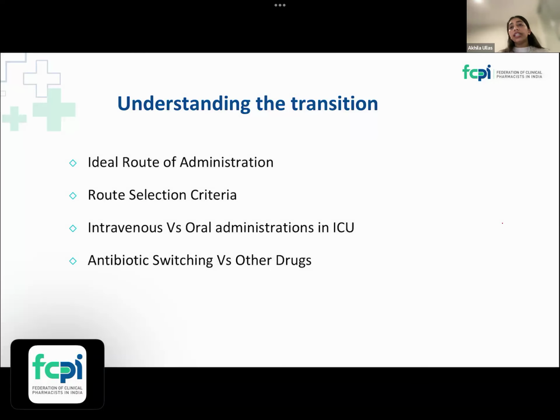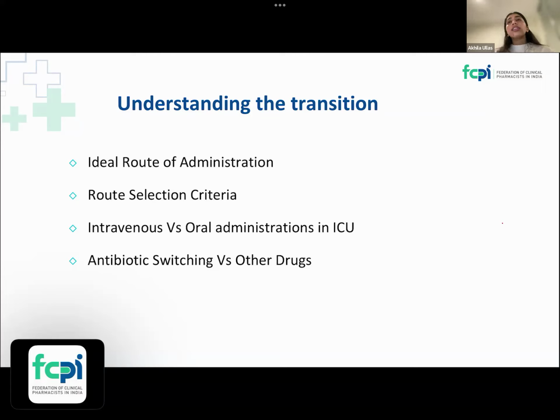So the first objective is understanding the transition. The ideal route of administration is an important clinical decision in treatment. The ideal route will help improve the absorption of the drugs, manage the resources effectively, and improve the patient outcomes also.